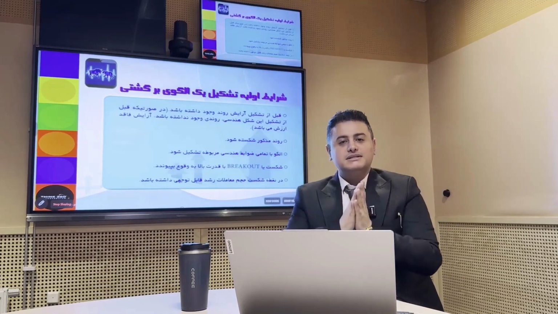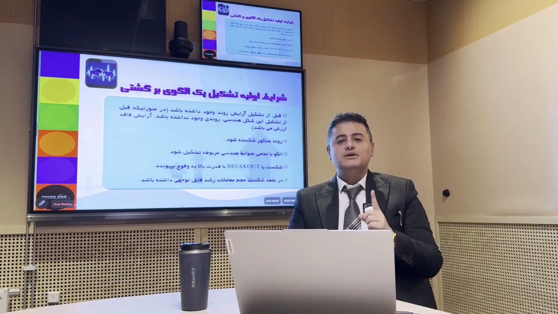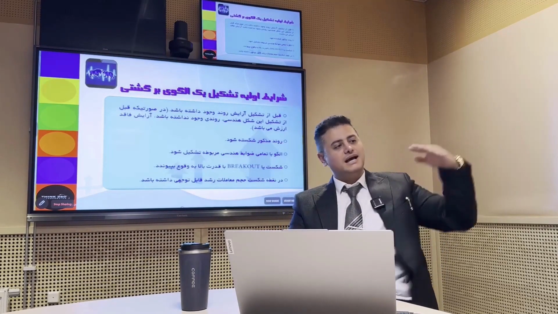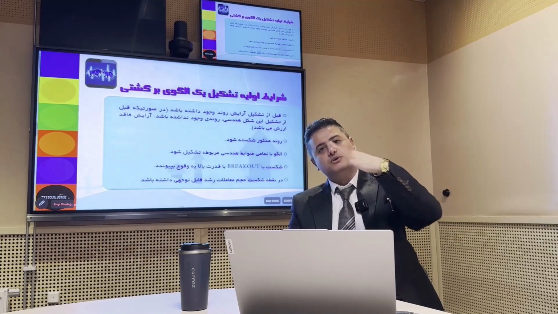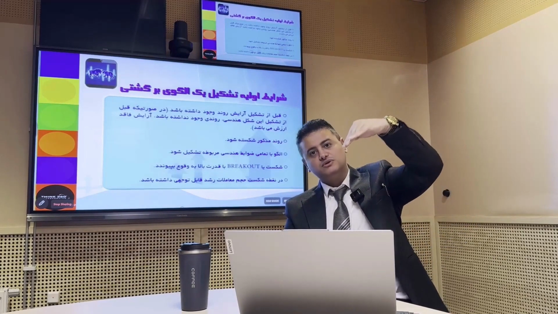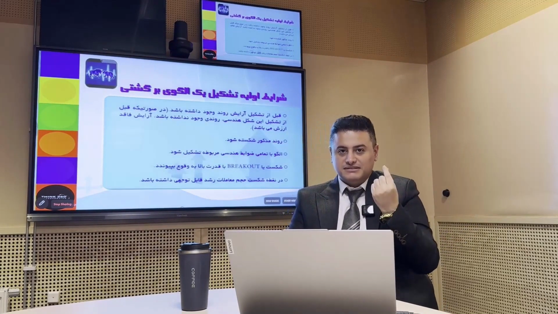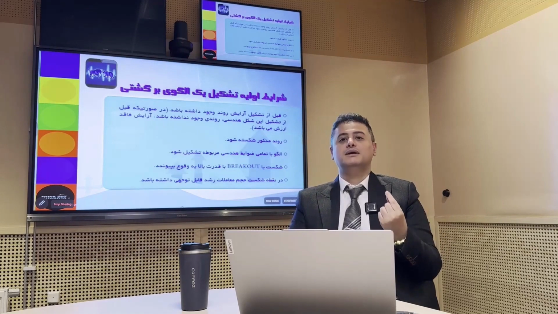So when does this breakout occur? When the mentioned trend is broken, meaning it's a downward trend and suddenly we see signs of reversal on the chart, or it's upward and we see signs of a downward reversal on the chart. This is the first feature. The second feature is that the pattern should form with all geometric criteria.